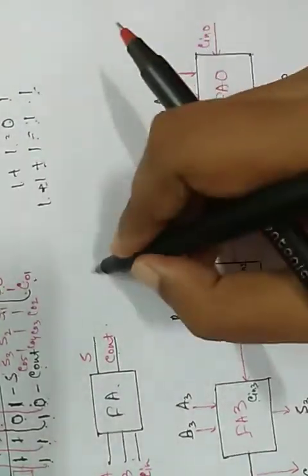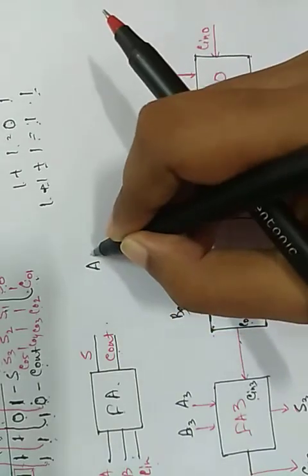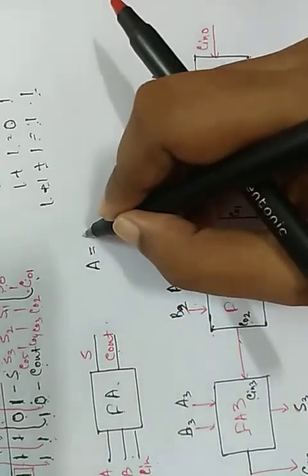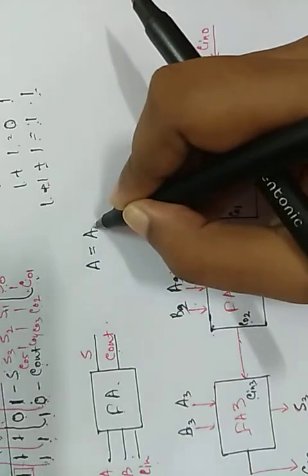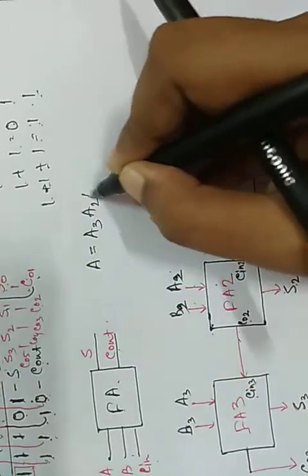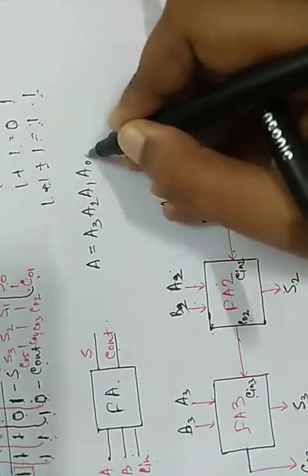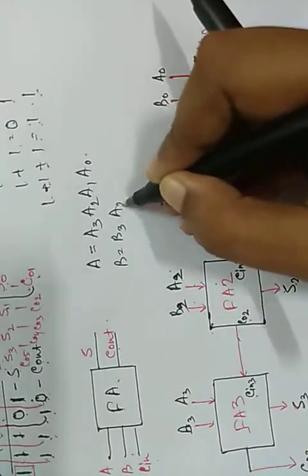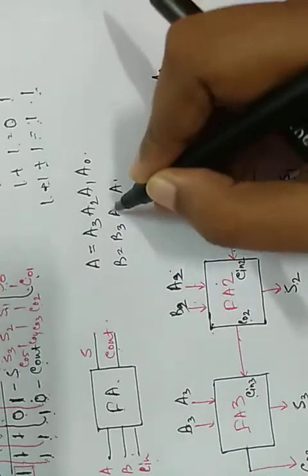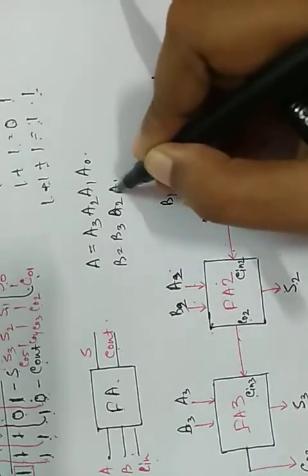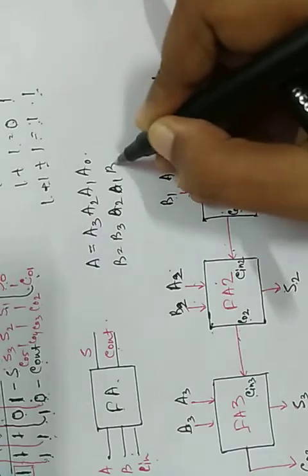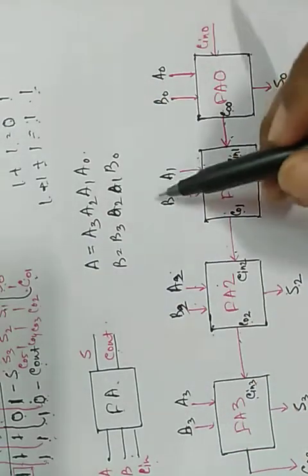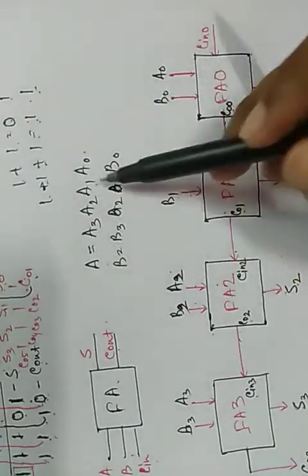You must draw one full adder circuit, and before drawing this one you must write this. Okay, there we have taken two numbers. One is A equals A3, A2, A1, A0, and B, you have to write this one. Okay, B3, B2, B1, B0, and we are going to draw a circuit to add these two numbers.